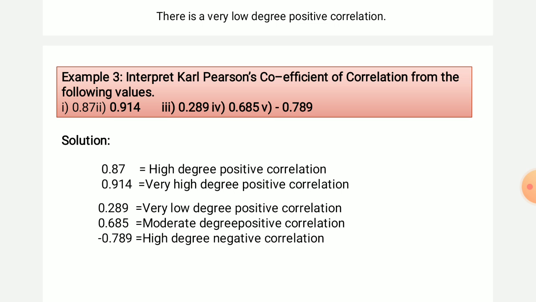If there is no sign, we understand that there should be a plus sign, so we call it positive correlation. 0.289 means very low degree. Low degree means the value lies between 0.0 and 0.30. A value between these two we call very low degree positive correlation.